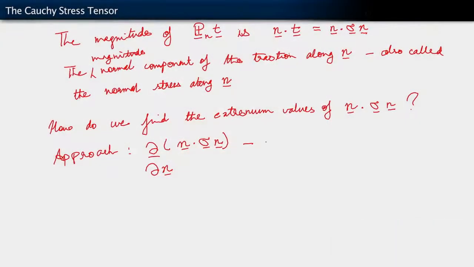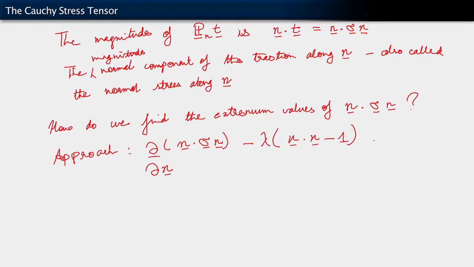One way to do it is using Lagrange multipliers, which impose the condition that n dot n minus 1 is equal to 0. So we add on a Lagrange multiplier term of this type, where lambda is the Lagrange multiplier.